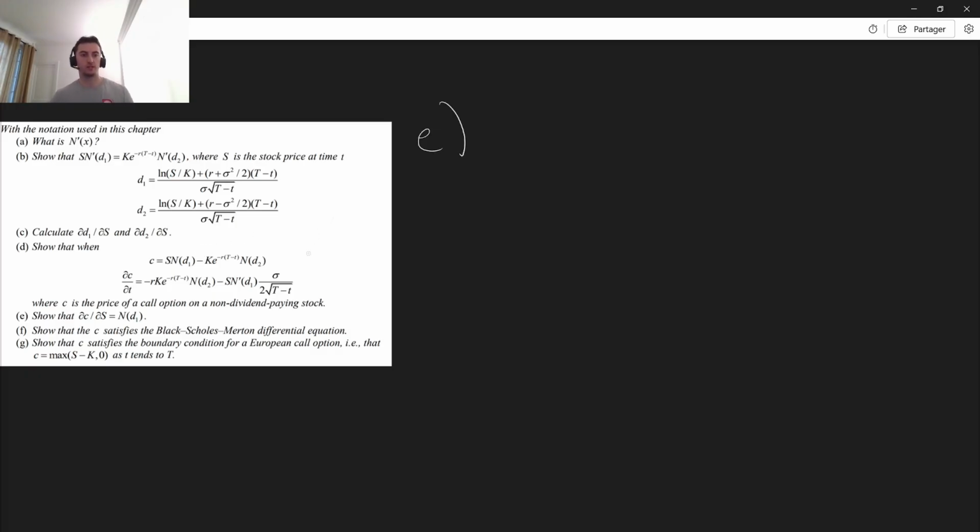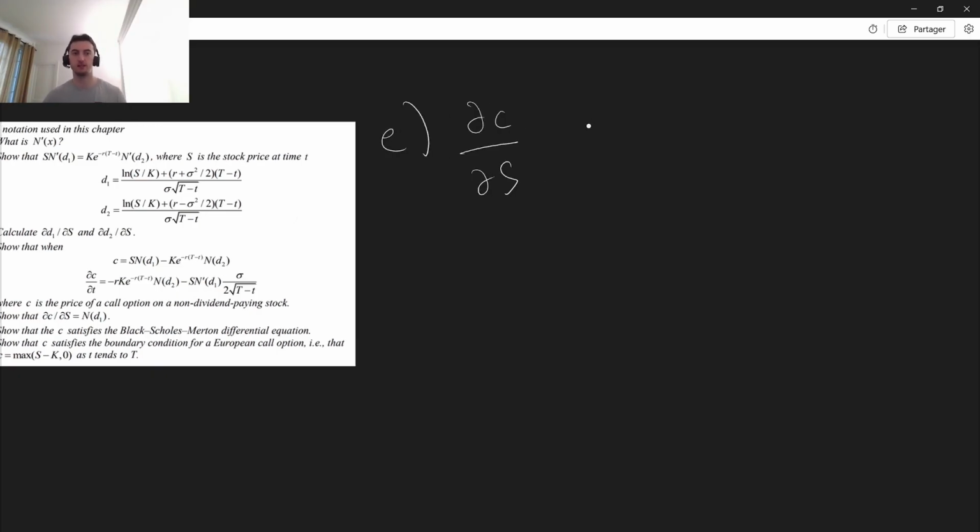So we're now at question E, dC with respect to S, and now we will use question C, of course, because we have this time with respect to S. So what happens when we derive C with respect to S? The first term, well, we can't just write N of d1 because d1 depends on S, of course.